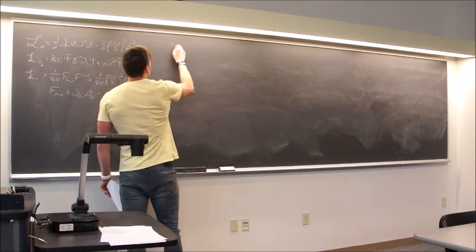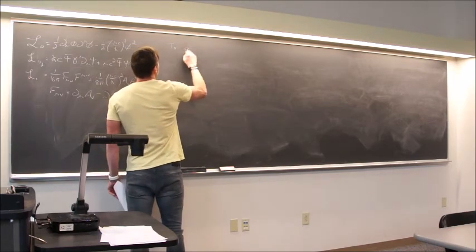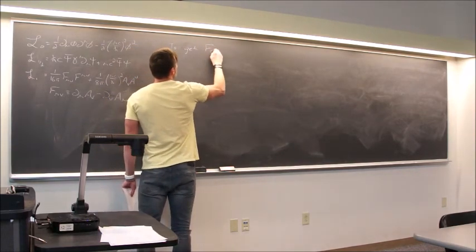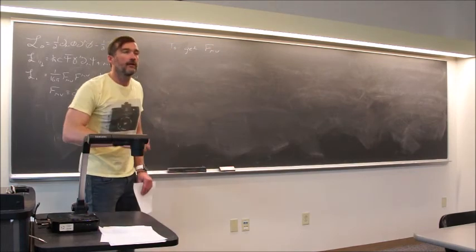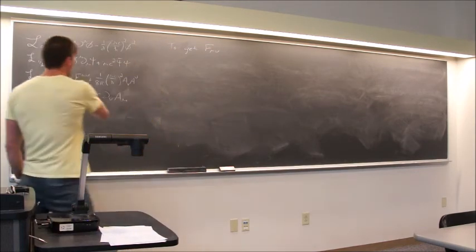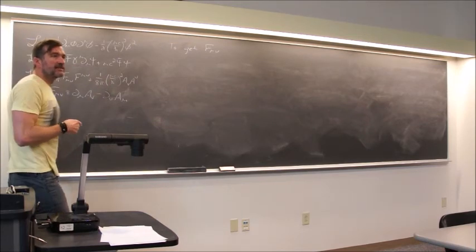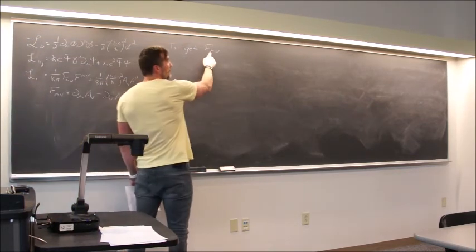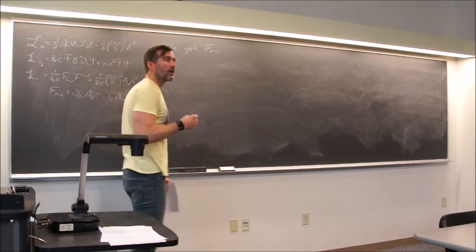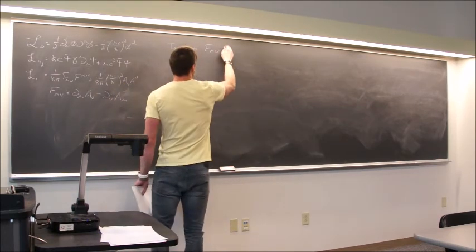So, to get F mu nu, we just took the Proca Lagrangian, which we've seen before, but there's a slightly different way to motivate what this thing should look like. And I'm going to work out for you right now what that is.